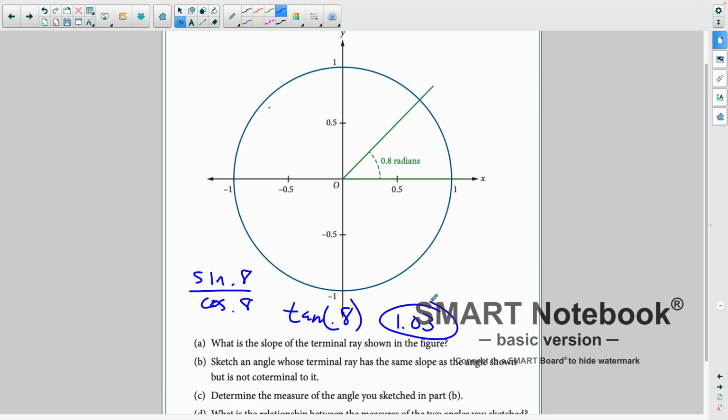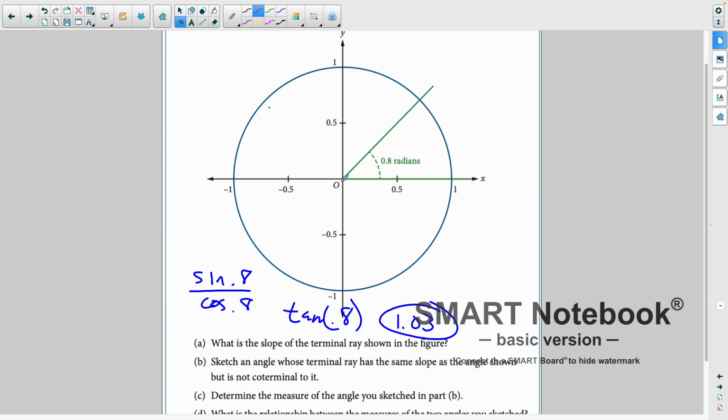Now, it asked me on part B to sketch an angle whose terminal ray has the same slope as the angle shown, but not coterminal to it. All right? So where would the terminal ray be? The terminal ray is the one that's moving around the circle. Where would that be? Quadrant 3.